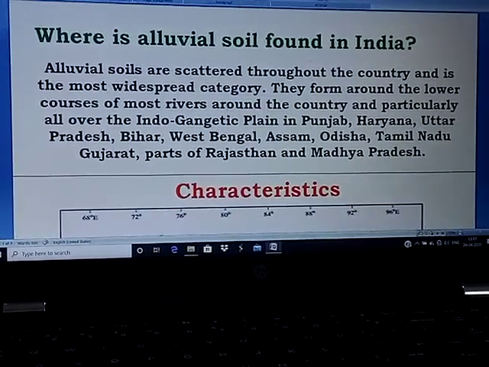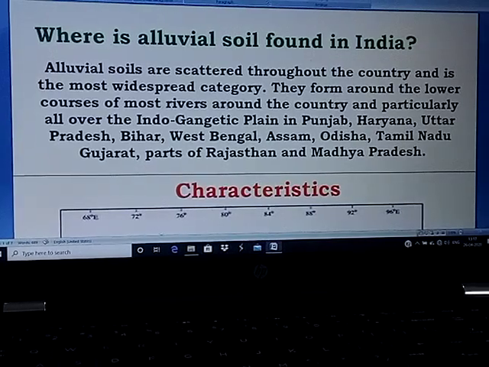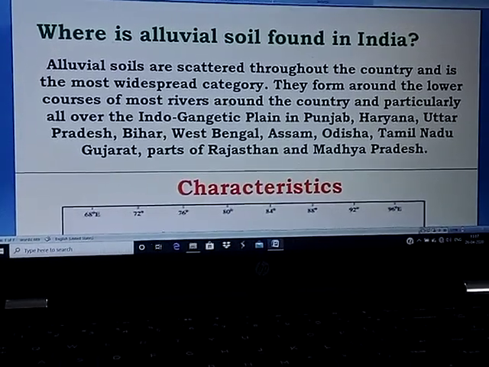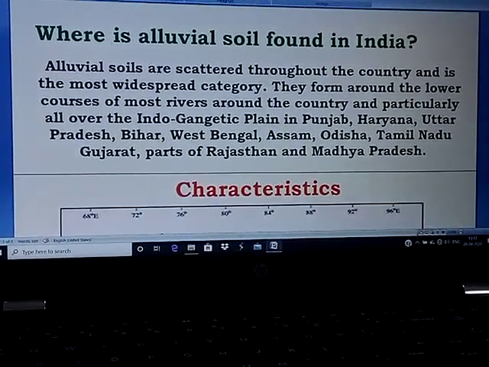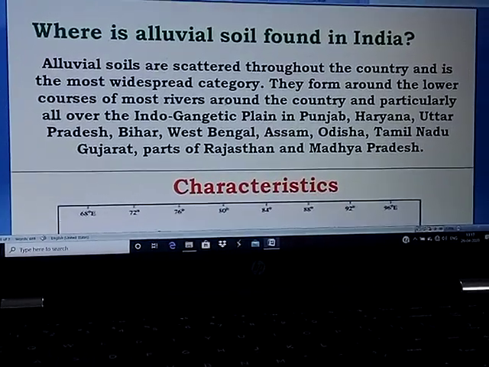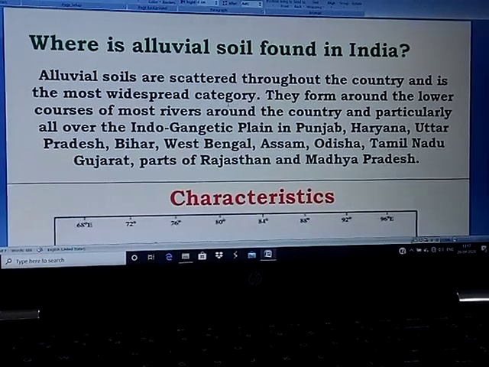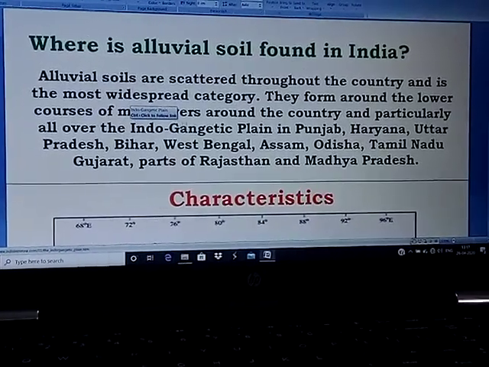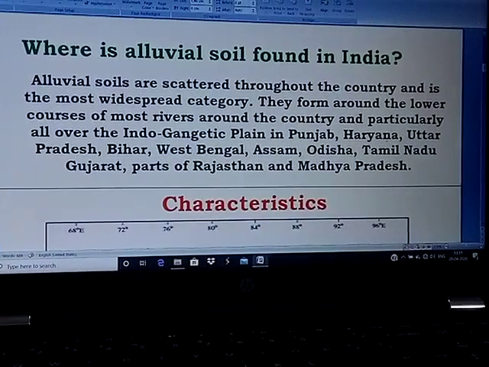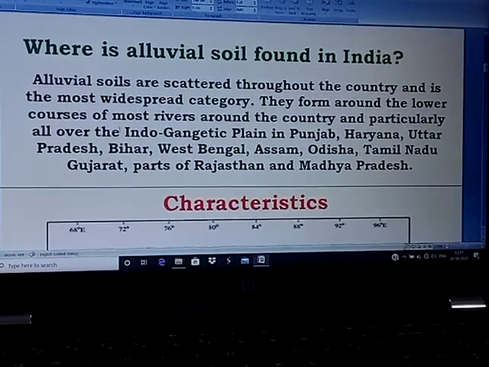Take for example Ganga, Narmada, Tapi, Mahanadi, Kaveri, Godavari, Krishna, even our Indus and all its five tributaries.